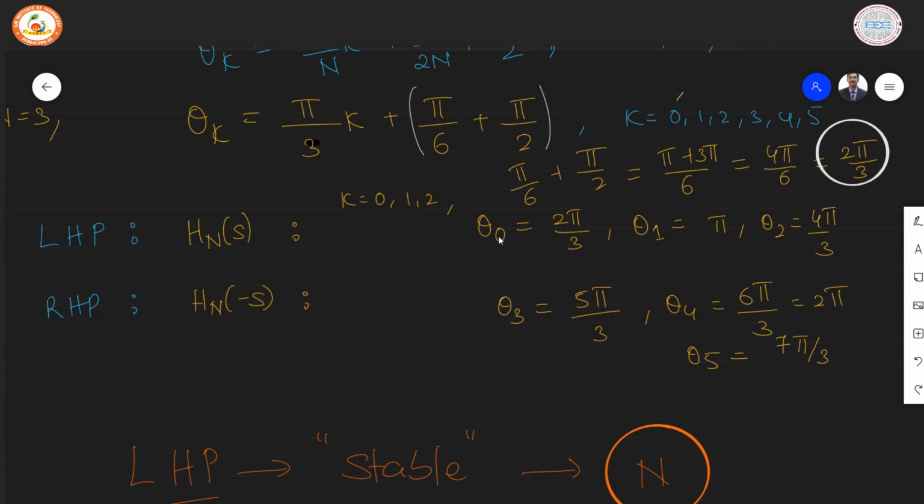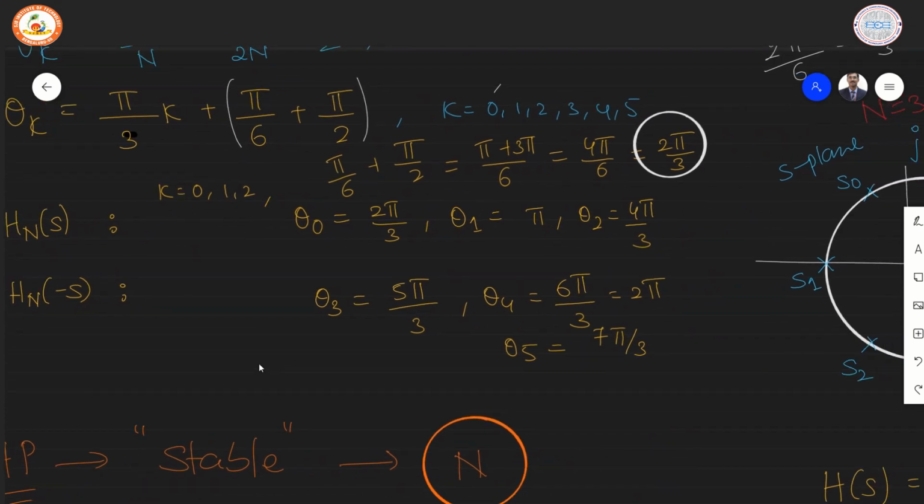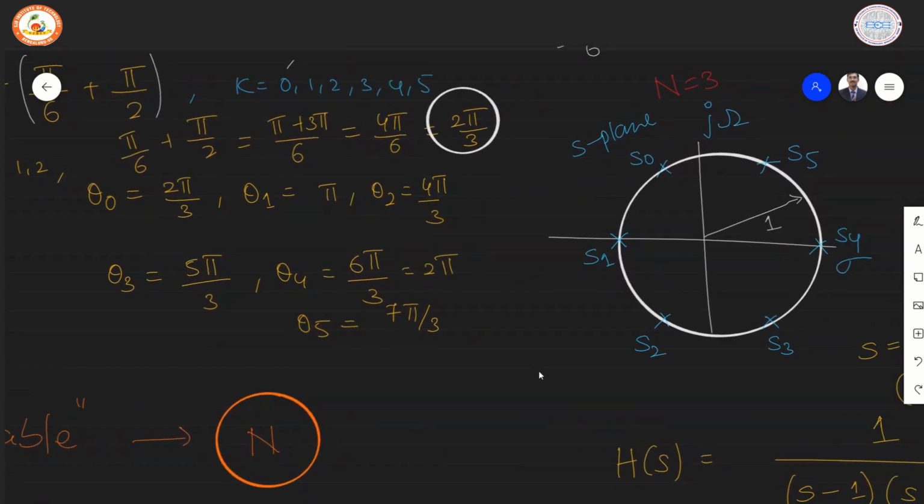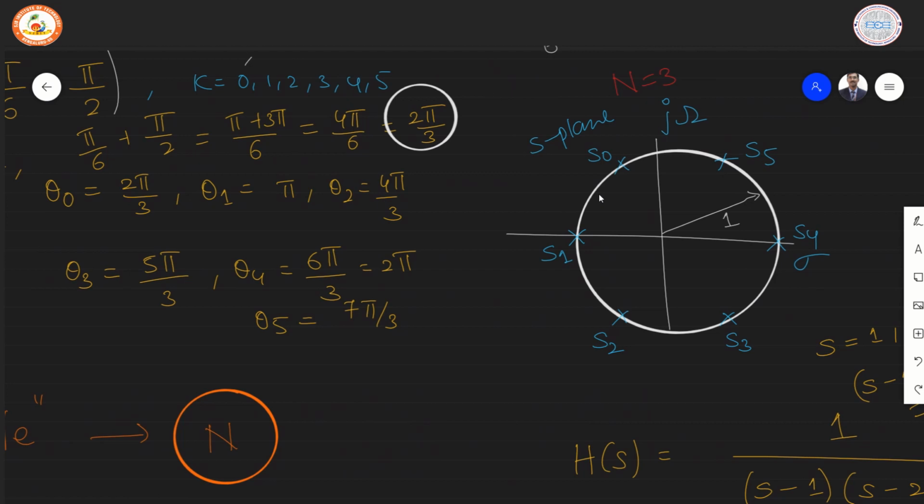So the poles have the respective angles theta 0, theta 1, theta 2, and theta 3, theta 4, and theta 5. Once again, we can plot it on the complex plane, and the placement is shown as follows. S0, S1, S2 are the left half poles which are stable, and S3, S4 and S5 are the right half poles which are unstable, which we will not consider.